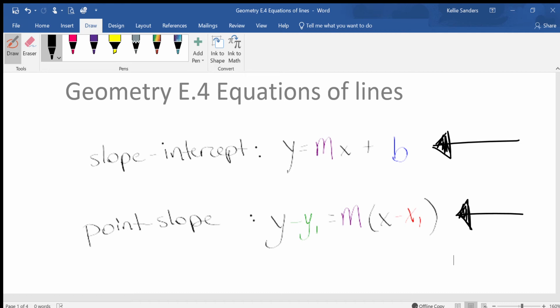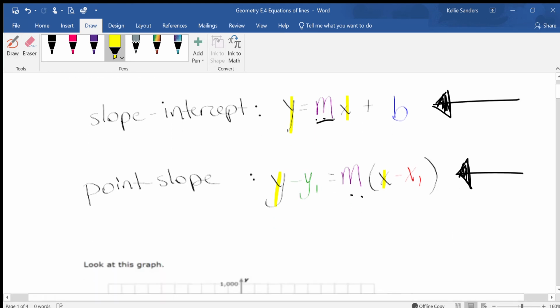I'll go over it better in just a little bit, but notice that the m's are the same colors. B is blue and x1 is red and y1's green, and then my plain y's and my plain x's are just black. The plain y and plain x's are never going to change, but let's see what we have going on here.